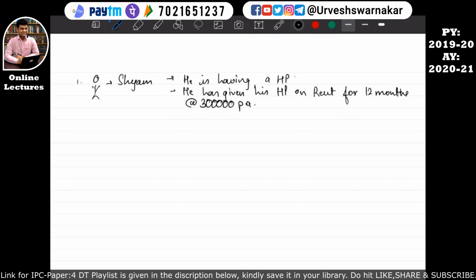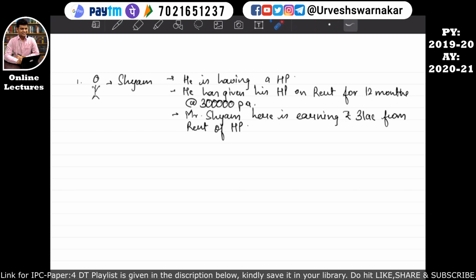So basically here we can understand that Mr. Shyam is earning rupees 3 lakhs from renting of house property. So basically this 3 lakhs he has earned will be chargeable under the income from house property head.